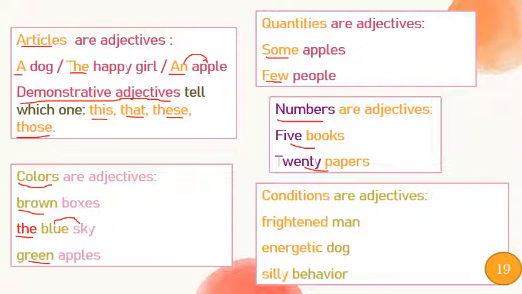Conditions also are adjectives. If we are describing a condition, a certain situation. Frightened man. The man is in a certain situation. He is frightened. So frightened is an adjective. I'm describing the situation of the man. Energetic dog. Silly behavior. So you see, conditions are also adjectives.